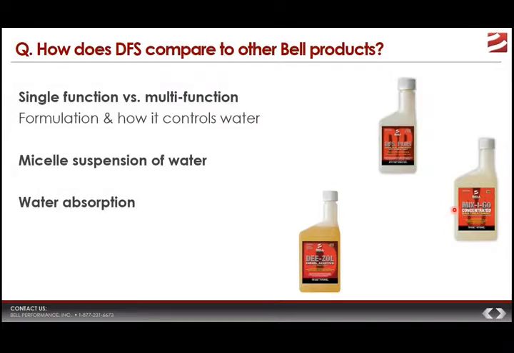And these have worked by using a micelle suspension method, essentially suspending the micro droplets of water in the fuel so that they can be carried through the injectors and into the combustion chamber and disposed of. DFS works differently. It works by absorbing or dissolving water. So you don't get the micelle suspension, but it's very, very effective at doing what it's supposed to do.